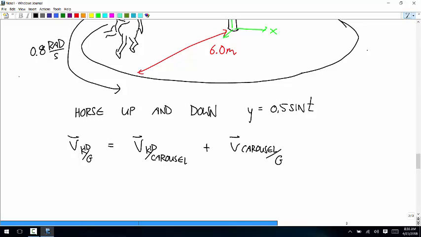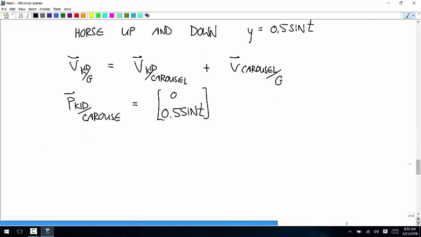Okay, so we know that the position of the kid relative to the carousel is 0.5 sine t. You can take the derivative of that, and you get that the velocity of the kid relative to the carousel is 0.5 cosine t.